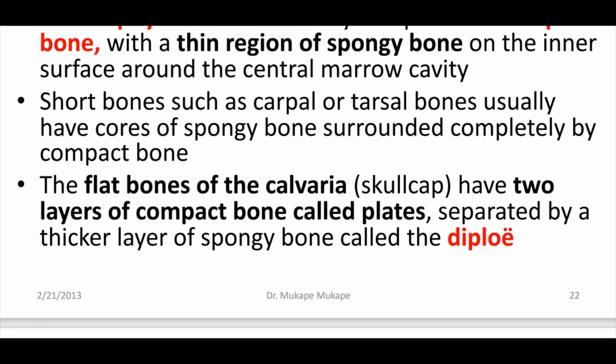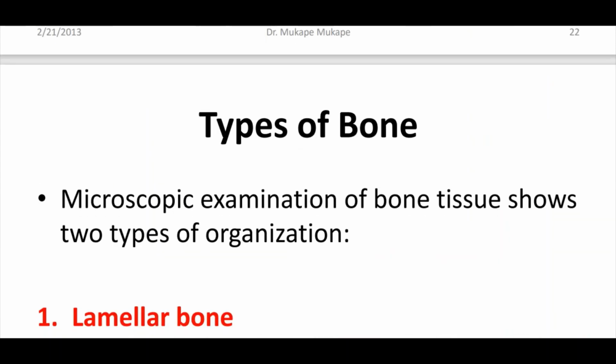Okay, so short bones such as carpal bones or tarsal bones usually have large cores of spongy bone surrounded completely by compact bone. The flat bones of the skull have got 2 layers of compact bone called plates, separated by a thick layer of spongy bone called the diploe.